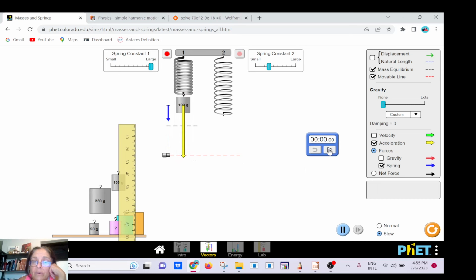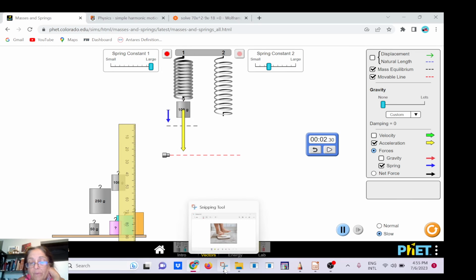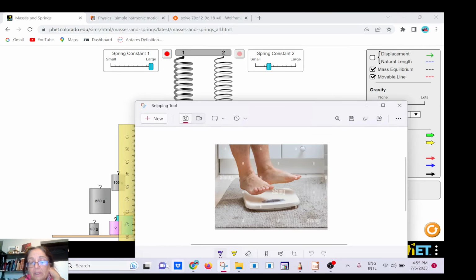Okay, I don't know if you want me to do the computation, but you see, it goes 1, 2, 3, 4. Boom. So the period now is 2.30 seconds for 4 oscillations.